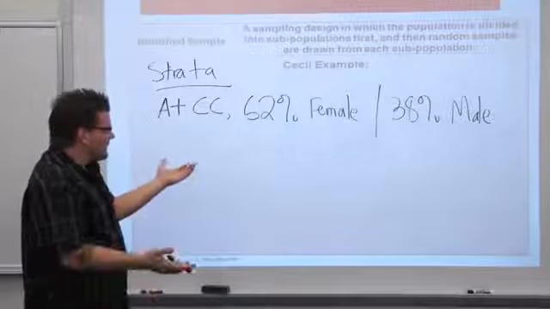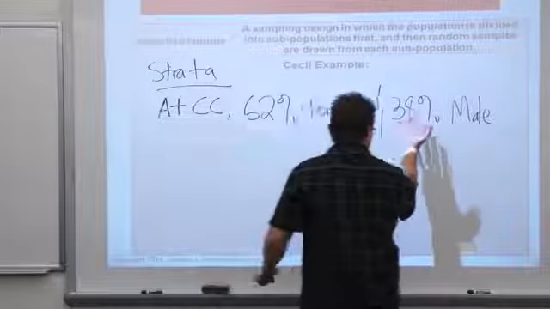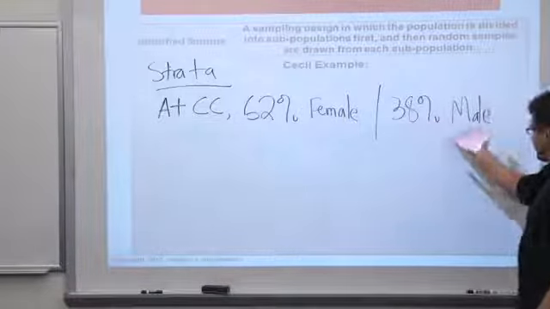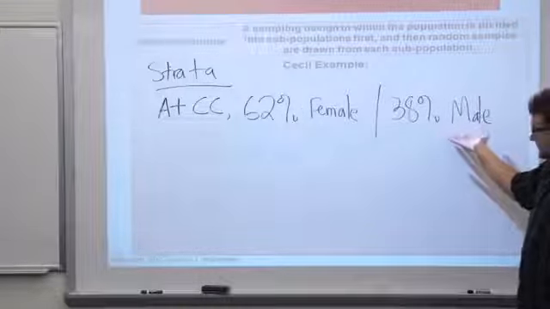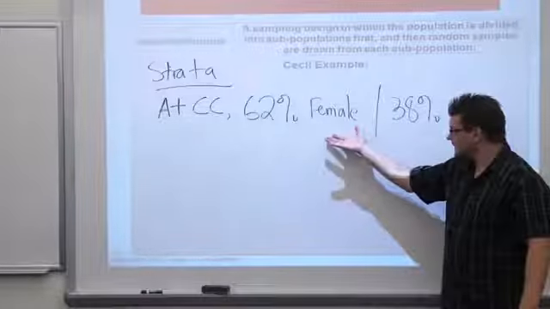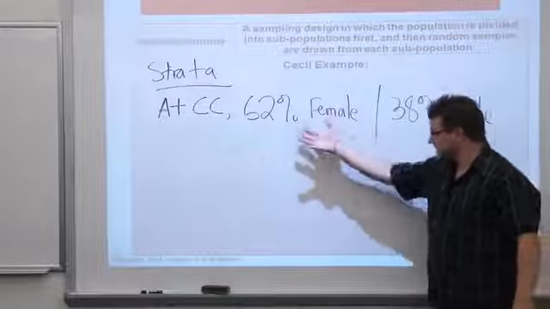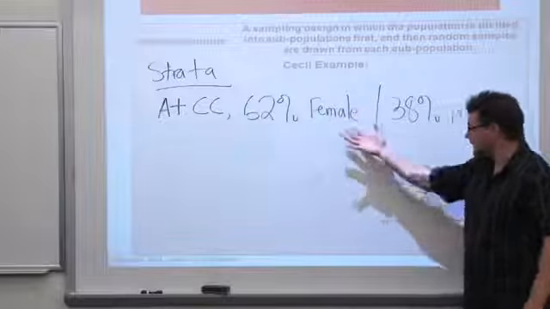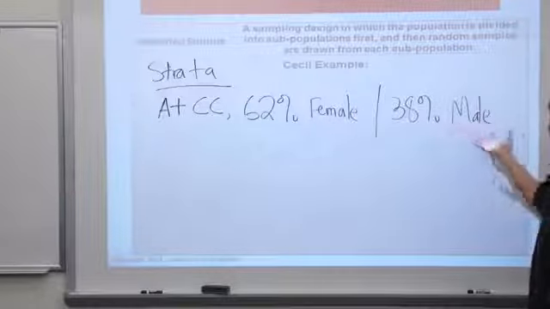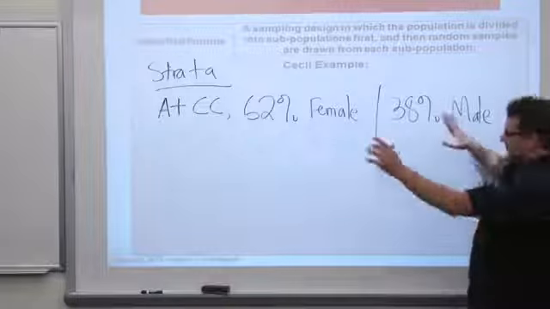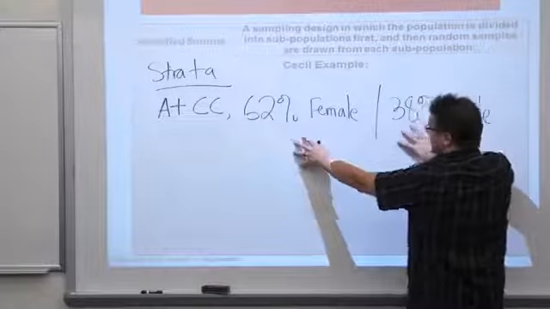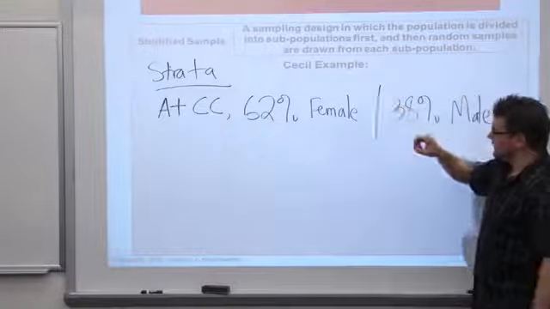Well, we don't want to short-shrift the guys here. Males might have completely different needs and wants in the physical education facility than females, right? The typical exercises and programs for females might differ widely from what males might want in a gym. So if I want my sample to make sure that it's 62/38, we'll do stratified.